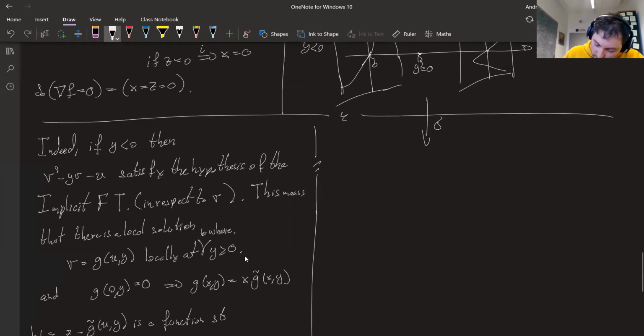So after blowing up, we're going to have this complicated set.